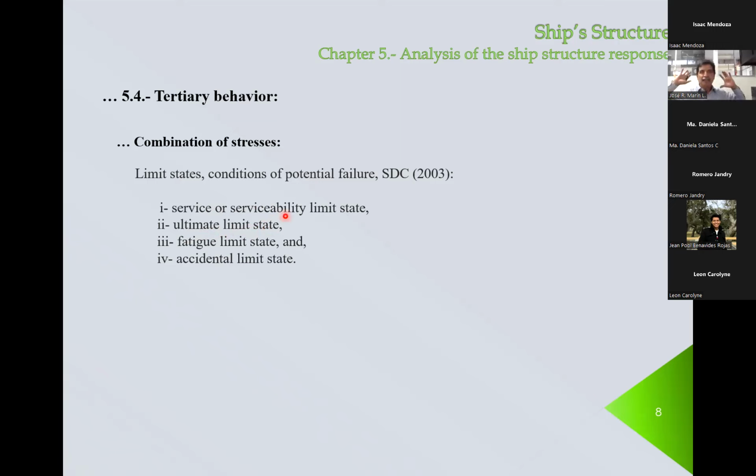So let's pretend that there is an extreme situation and that takes you to the collapse of the structure, okay? But that's an extreme. For example, what happens in the case of the ship when it sails in very large waves, right? In this situation, the deck plate is in compression.